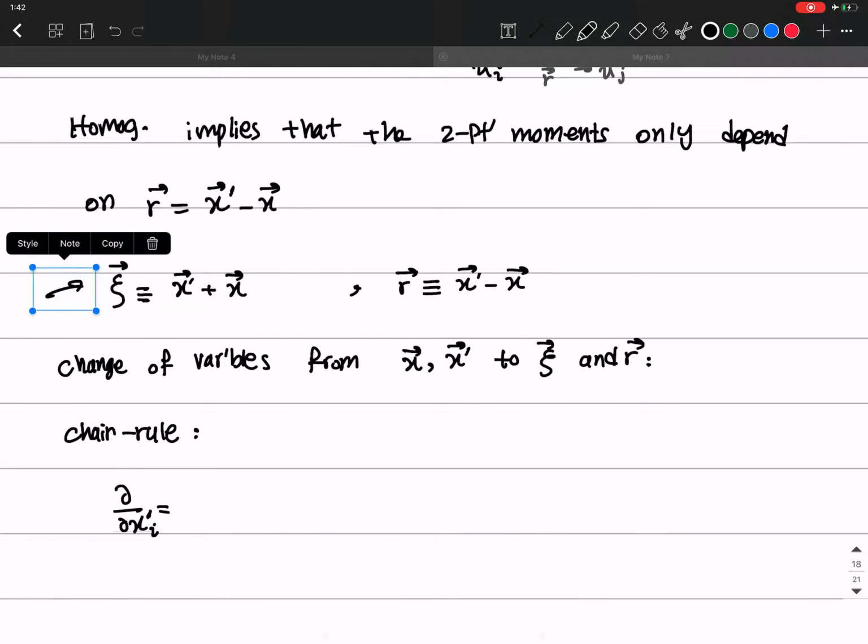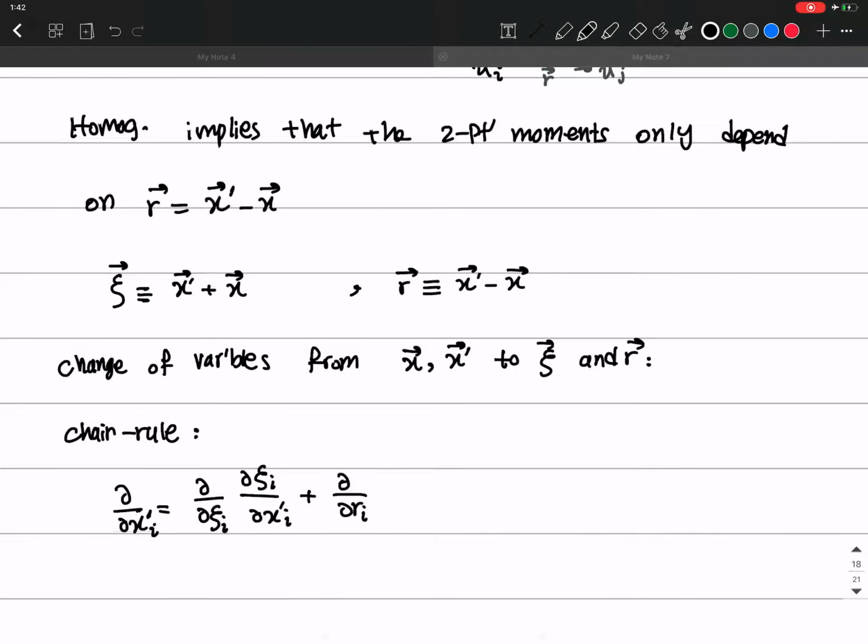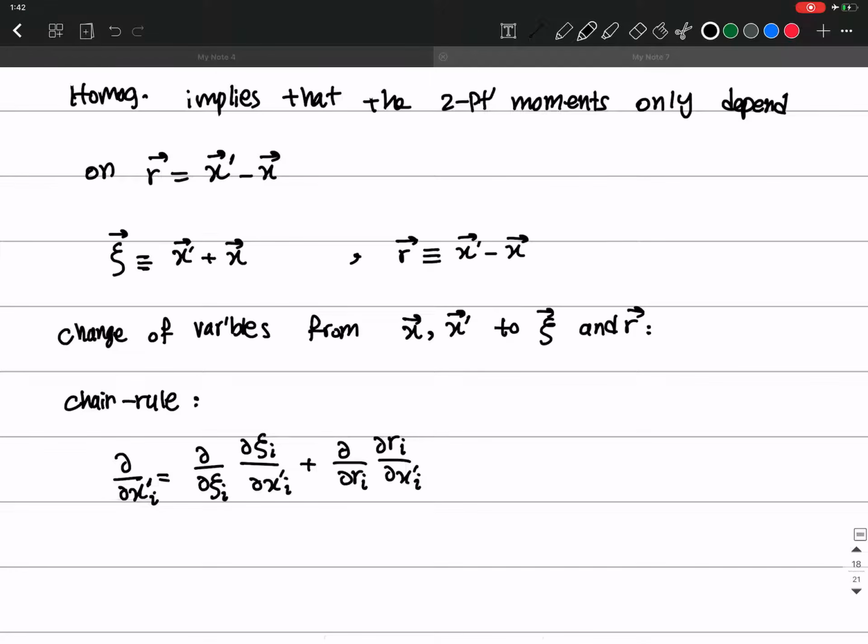So based on the differentiation rule, we can write this as partial over partial ksi i, partial ksi i over partial x prime i, plus partial over partial ri, partial ri over partial x prime i.